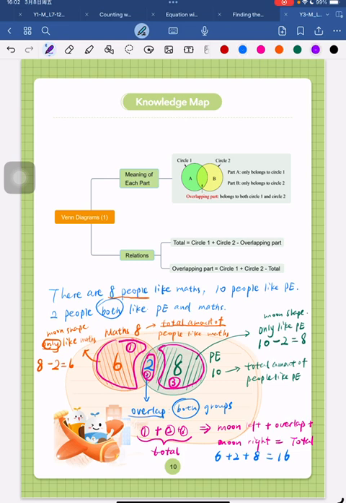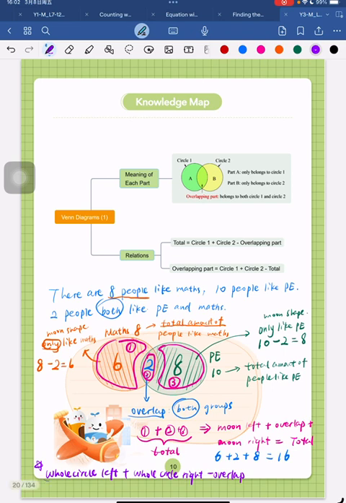And also, we have another method to figure out the question, which is to use the whole circle on the left plus the whole circle on the right, and take away the overlap. For this method, we need to be very careful about why we need to take away the overlap.